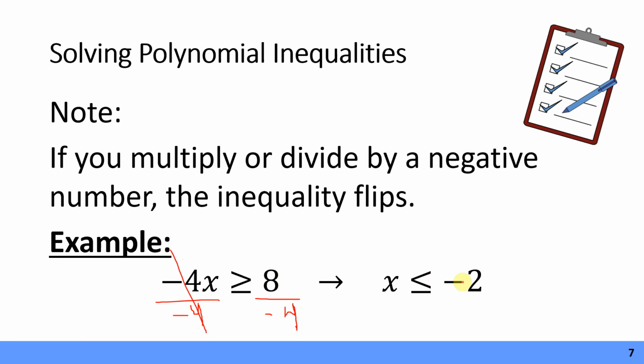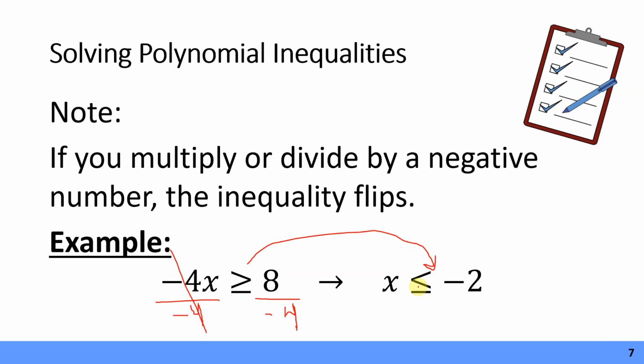Dividing the right side by -4 gives me -2, but look what happened to the symbol. Since I divided by a negative number, the symbol has to flip. Okay, if it's an equal to, it still stays as an equal to. If it doesn't have an equal to, you don't have to give it one, but just remember that it flips. So if it was facing to the right side, now it's facing to the left side. Okay, that was just a little note to remember.